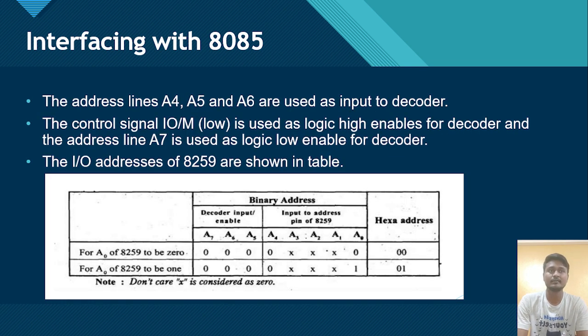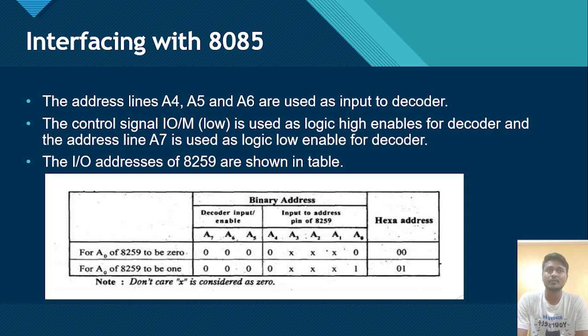Now the address lines, I told you A4, A5 and A6 are inputs to the decoder. Now the control signal IO/memory, which is active low, is used as a logic high enable for the decoder, and the address line A7 is used as a logic low enable for the decoder.